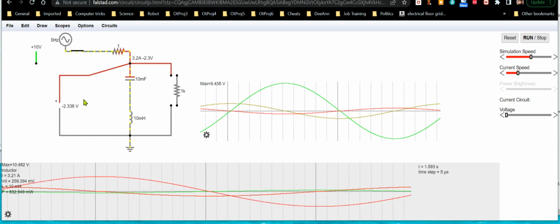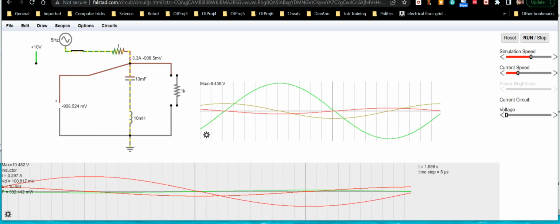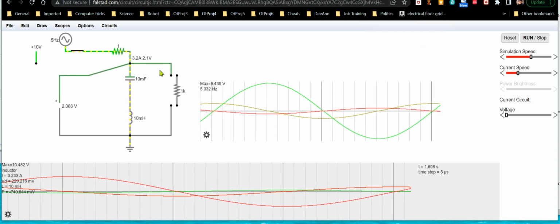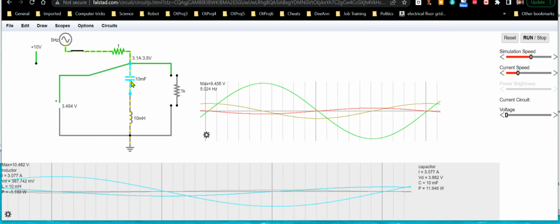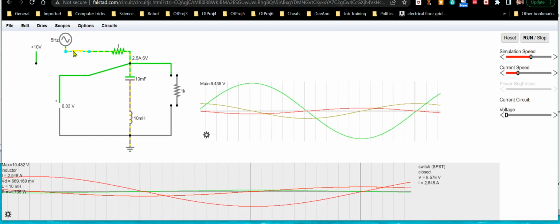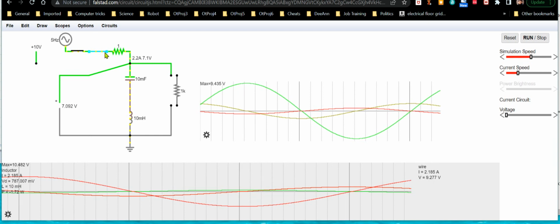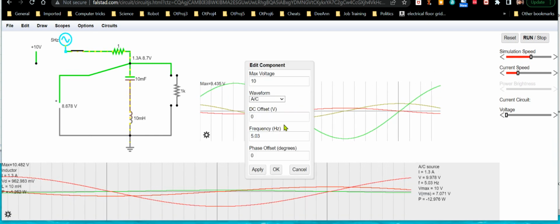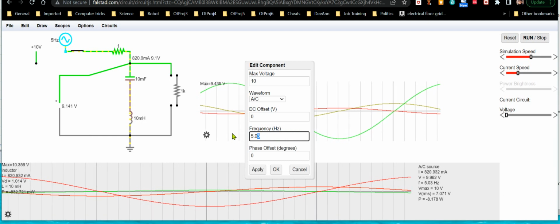With the parallel resonant circuit, I'm not doing this as an AC circuit, so I just wanted to eliminate as many variables as I could. But like I said, let me adjust the frequency back to the 15.92.